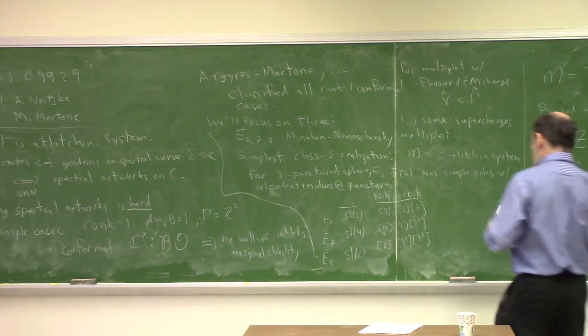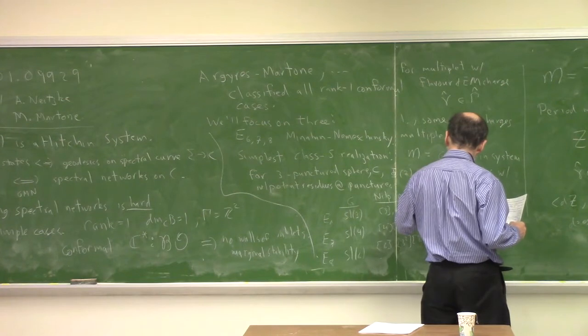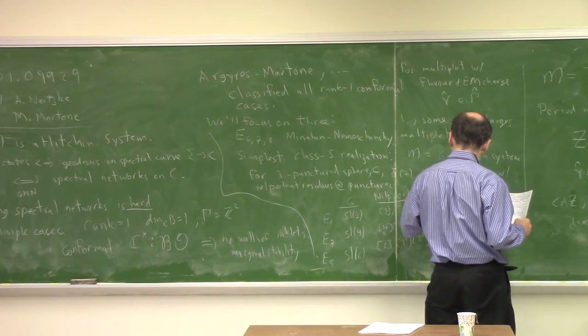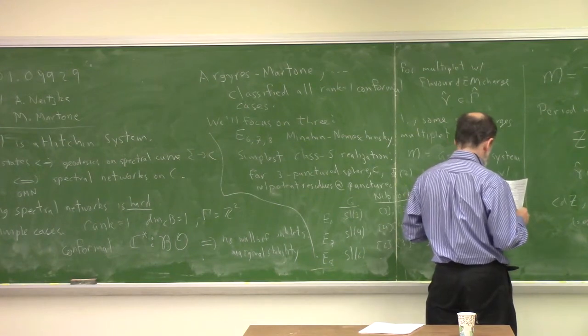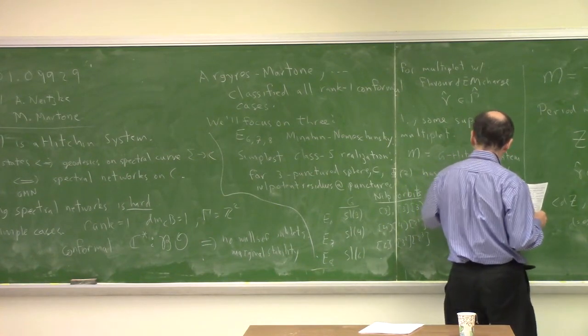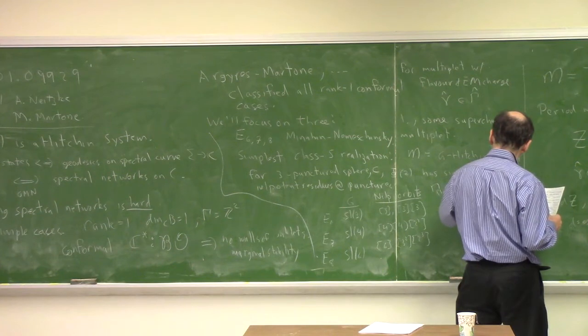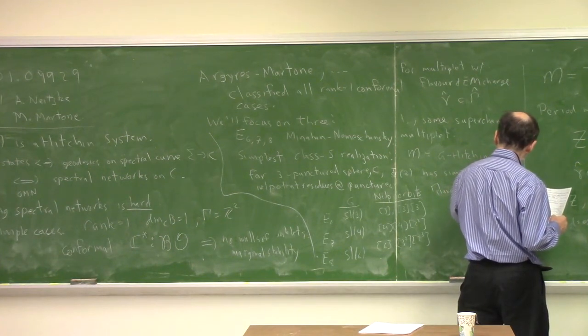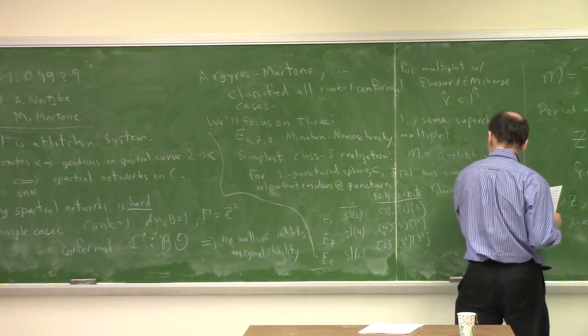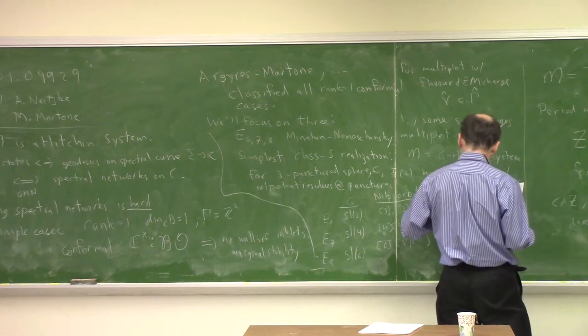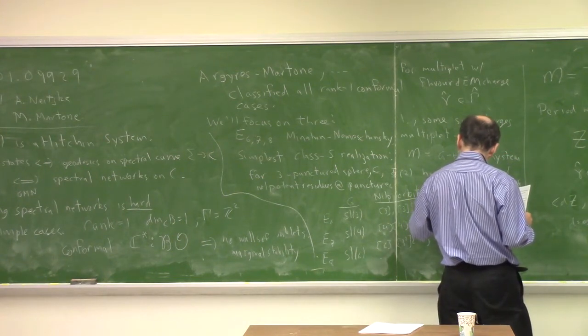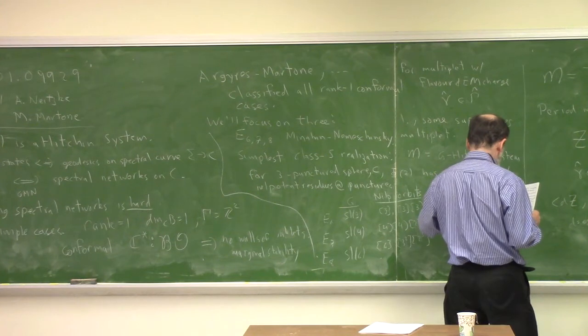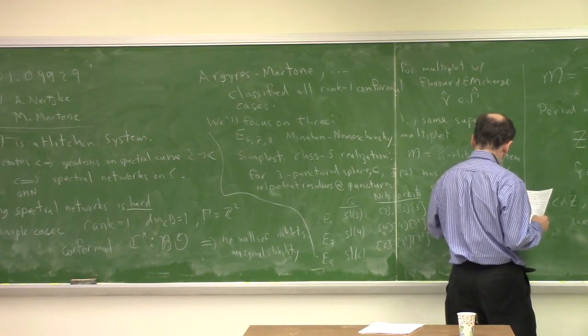The flavor lattice, gamma flavor, in these 3 cases is the weight lattice of some group. In this case, it's SU3 cubed mod Z3.